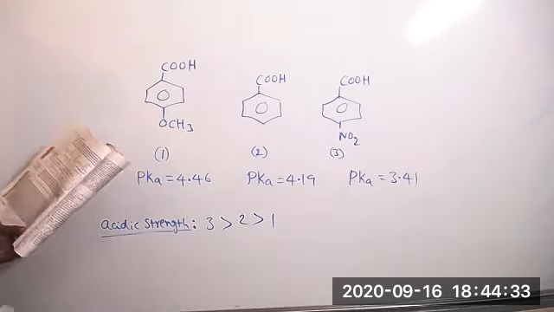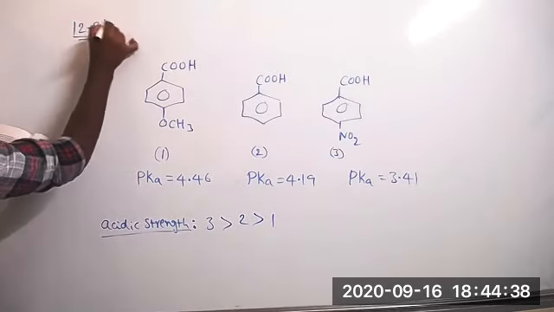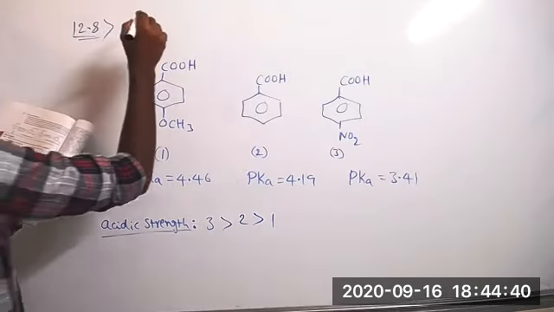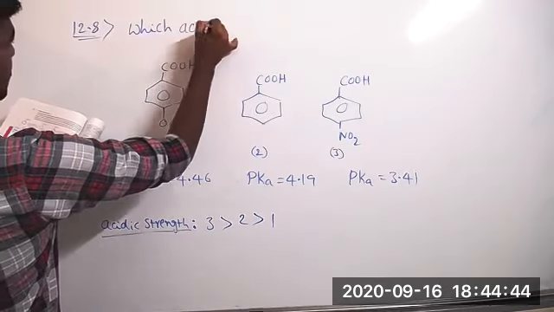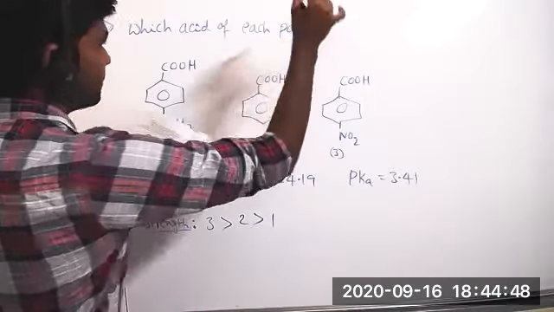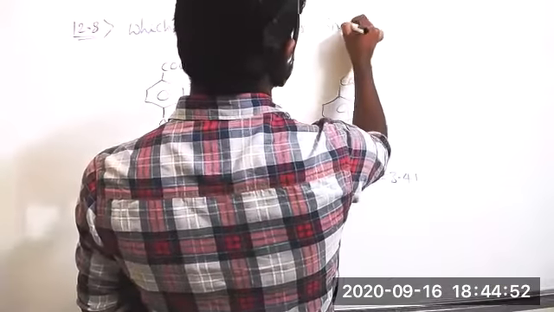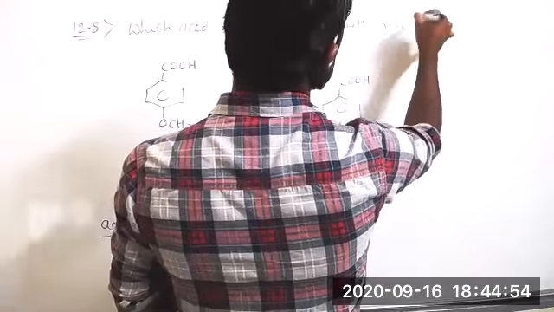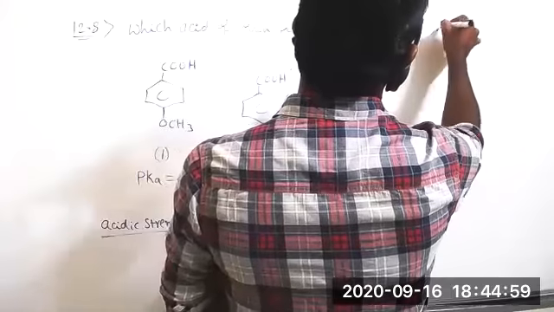Right, one problem, 12.8. Which acid of each pair shown here would you expect to be stronger?